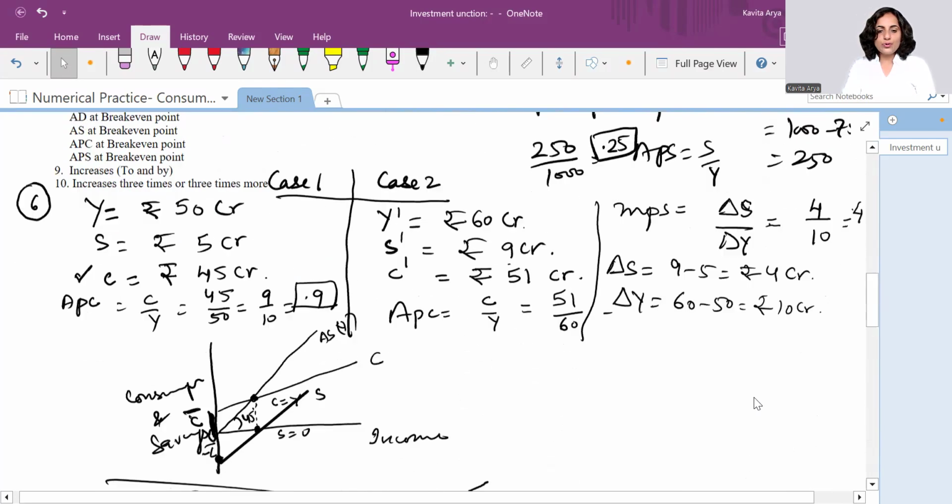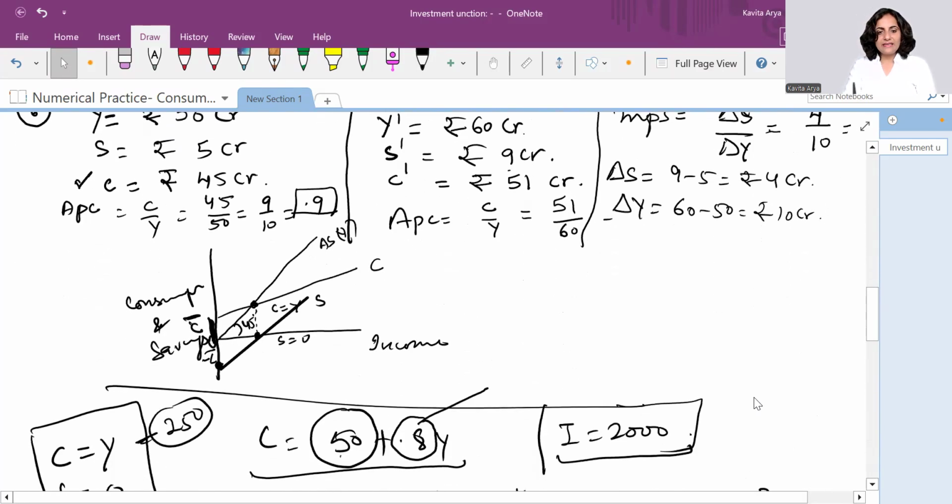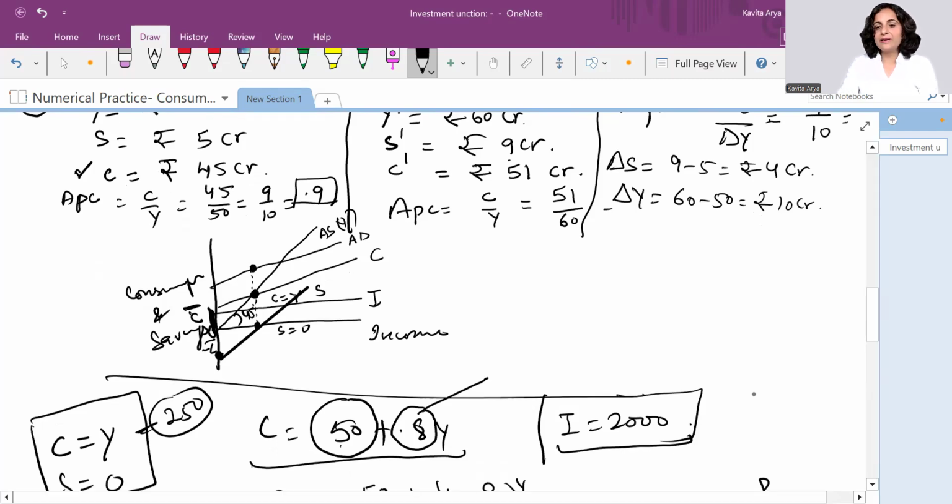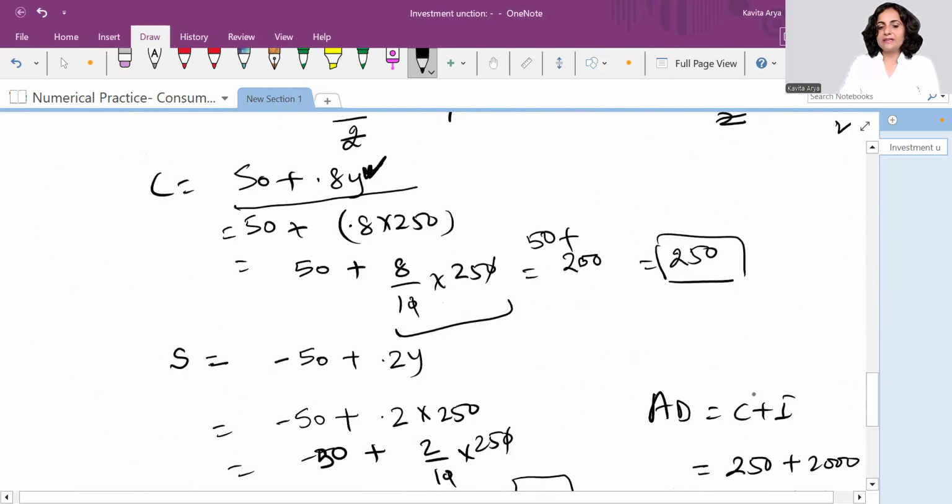I want to show you that aggregate demand at this break even, if I just want to write down, this is my investment. So this becomes my AD. So at this break even, AS is below and AD is above. So this gives the testimony that we are doing it right.